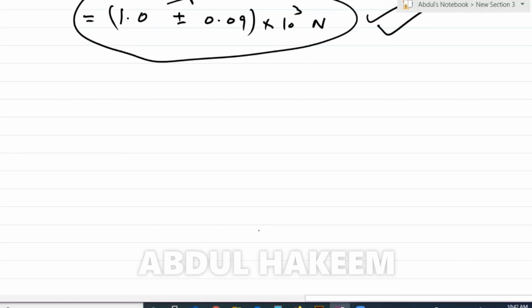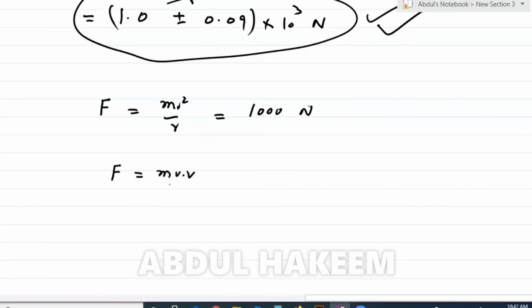Okay, now the percentage method. So the force is calculated again from the formula mv square over r, and the answer will be the same, 1000 Newton. But we will use percentage uncertainty to calculate the uncertainty in F. So F can be written as mv square over r again.